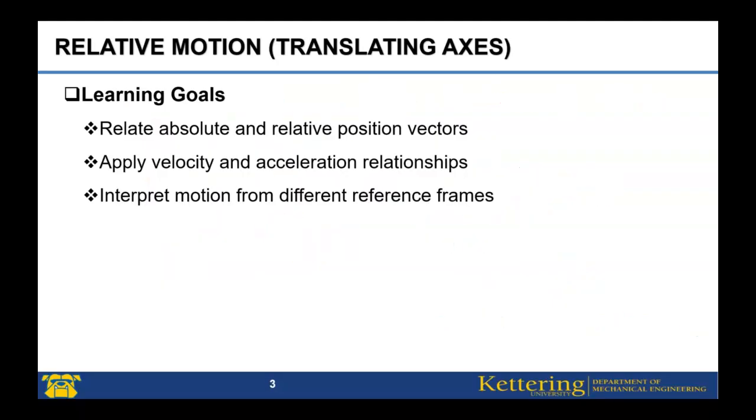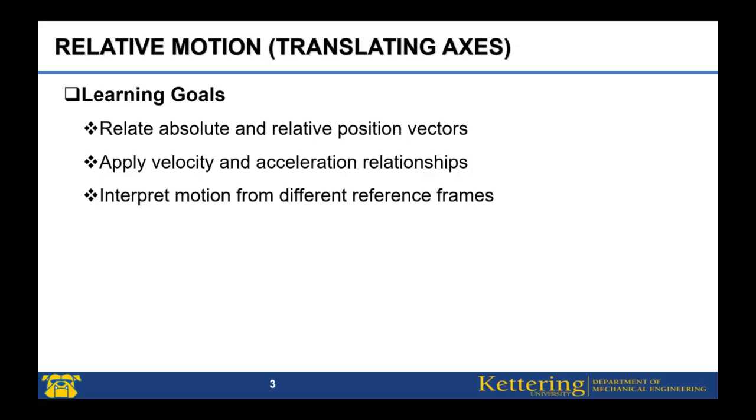Okay. Now, I want to talk about independent motion. You learned about dependent motion, where the motion of one depends on the motion of another. How about 2 particles that move independently, such as 2 cars or 2 boats?